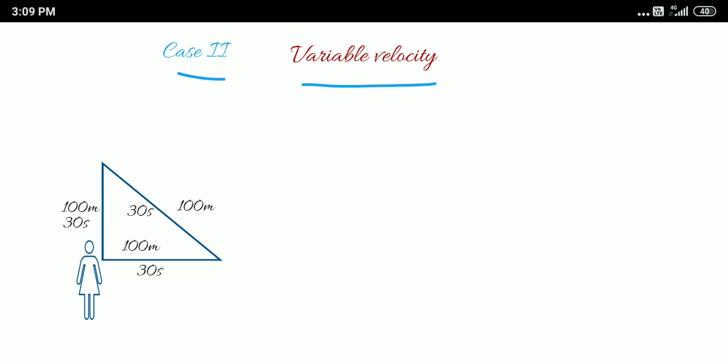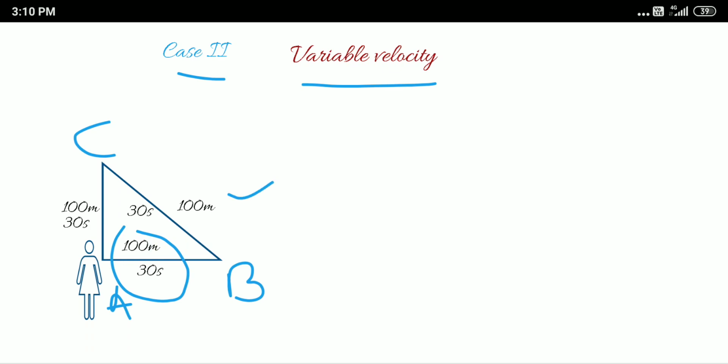See, the second case. What are you observing in this picture? I have drawn a diagram in which you can clearly observe a person moving 100 meters in 30 seconds. Suppose they start from A to B, B to C. The first 100 meters is covered in 30 seconds, the next 100 meters is also covered in 30 seconds, and so on.